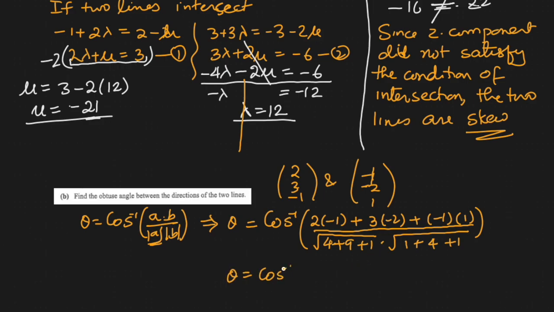Otherwise, let's write the simpler version of this, which is minus 2 minus 6 minus 1, minus 9 over square root of 14 times square root of 6. Since there is a negative inside, obviously it will be an obtuse angle, because we know that cos is positive in the first quadrant and negative in the second quadrant, and the second quadrant is nothing but obtuse. Just put this in a calculator and you get your answer.